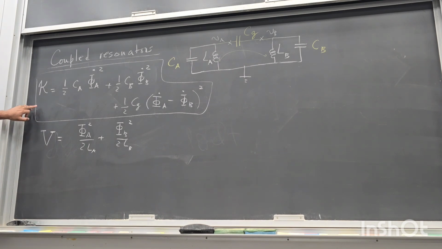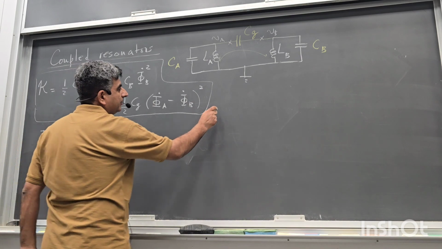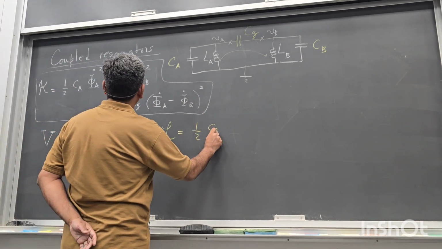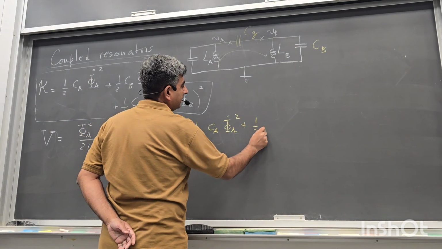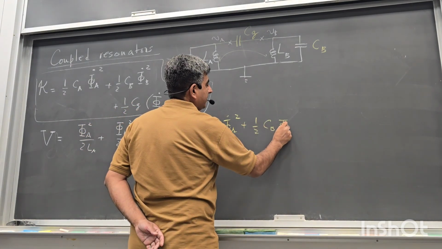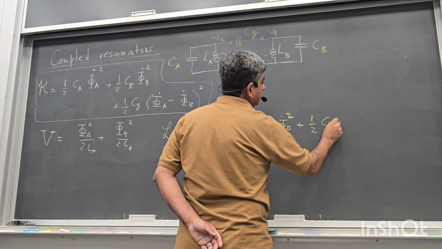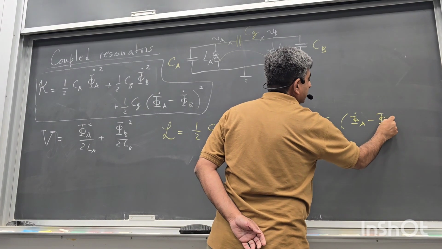The Lagrangian for the system will be kinetic minus the potential energy term. Okay, so let me write down the Lagrangian. The Lagrangian is half CA phi A dot squared plus half CB phi B dot squared plus half CG times phi A dot minus phi B dot.